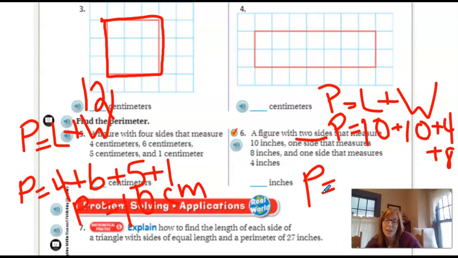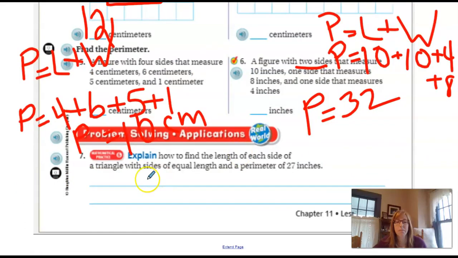We'll do the plus 8 is 28 plus 4. So you can break the 4 up into 2 groups of 2. 28 plus 2 is 30, plus another 2 is 32. Hopefully you got 32, and it's inches this time. All right, let's move on.